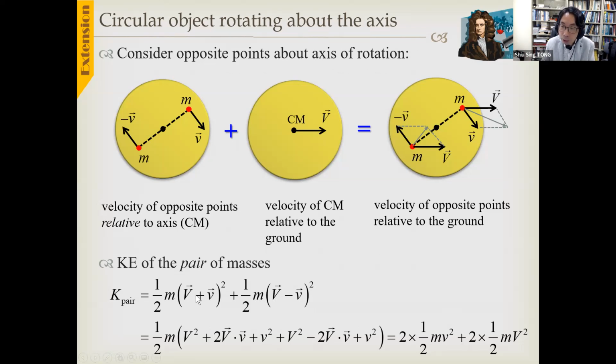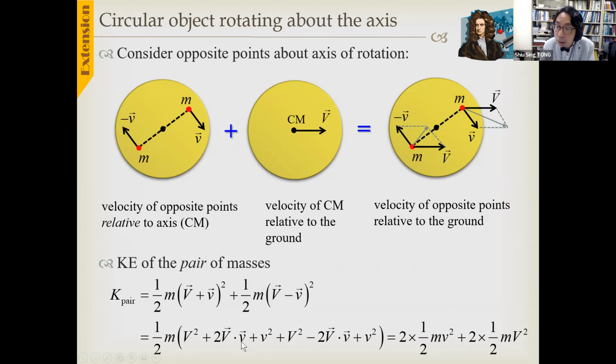I form a dot product of the vector inside the bracket with itself. So I have three terms: big V squared, small v squared, and also a dot product between the big V and small v. But I have two such terms, so I have two big V dot small v.